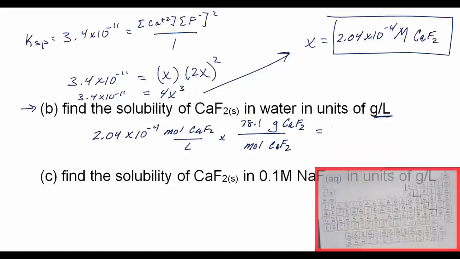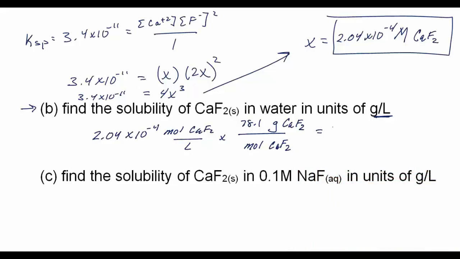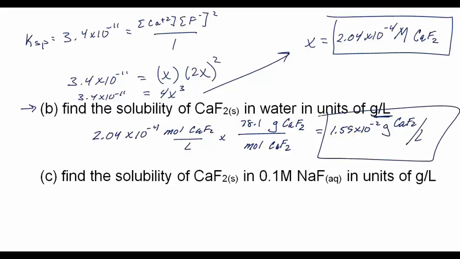Okay, top multiply, bottom divide. 2.04 times 10 to the negative 4 times 78.1, about 1.59 times 10 to the negative 2 grams of calcium fluoride per liter of solution.